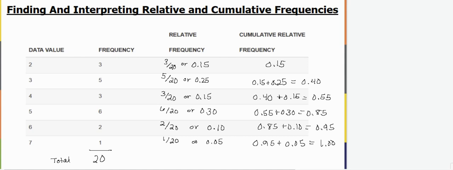So if I want to say at most 5, what percentage or what fraction of data is at most 5?